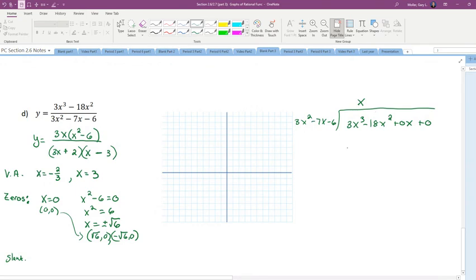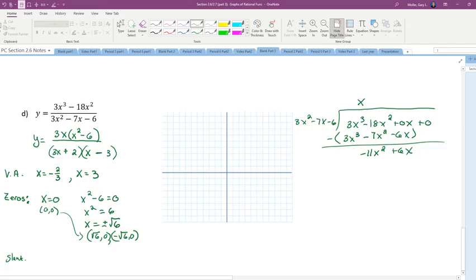X times 3x squared is 3x cubed, minus 7x squared and minus 6x. I'm going to subtract, which gives me, let's see, negative 11x squared plus 6x.